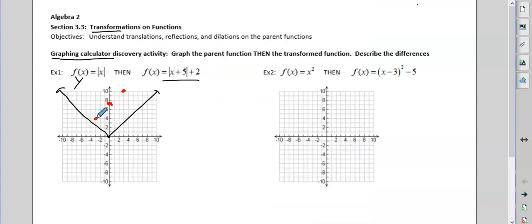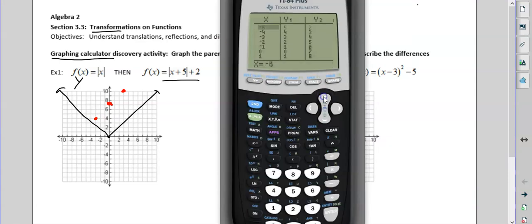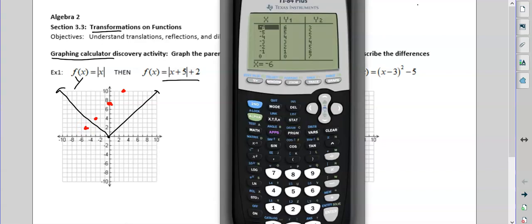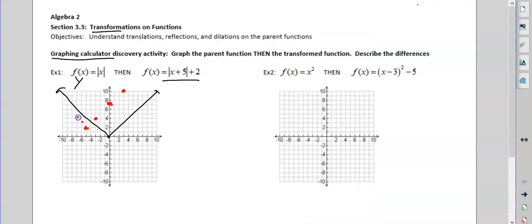That's right there. Let's go up a little bit. Negative 4, 3. Negative 5, 2. And that's where it bottoms out because you can see it starts going back up again. So negative 5, 2 is right here. And then if you look at negative 6, it's negative 6, 3. And it's going to start going back up again. And so the V is right here, like so.